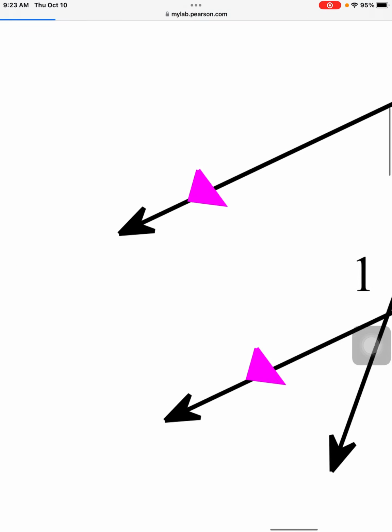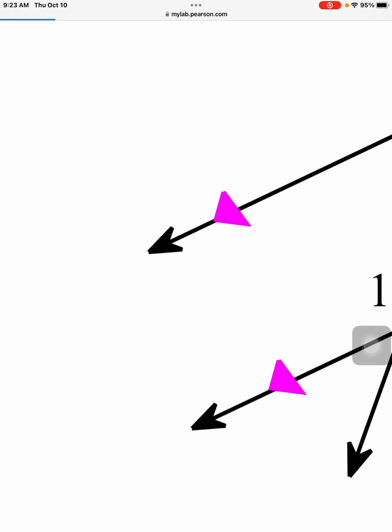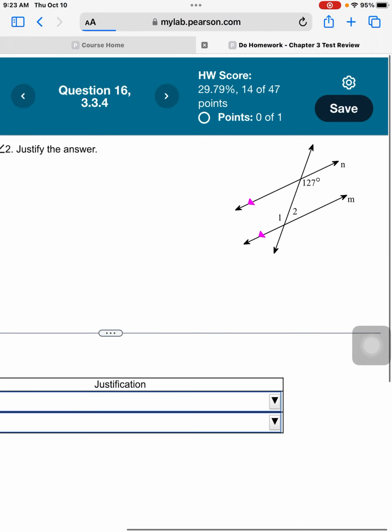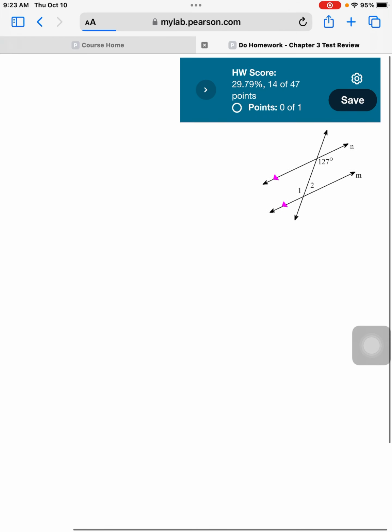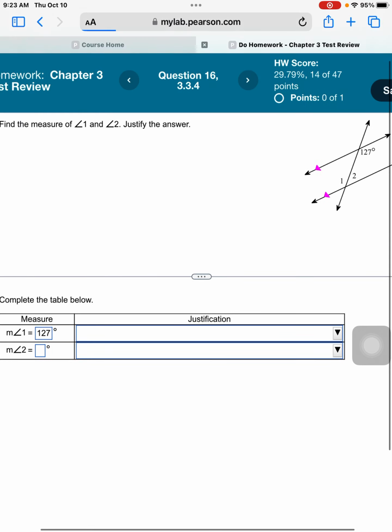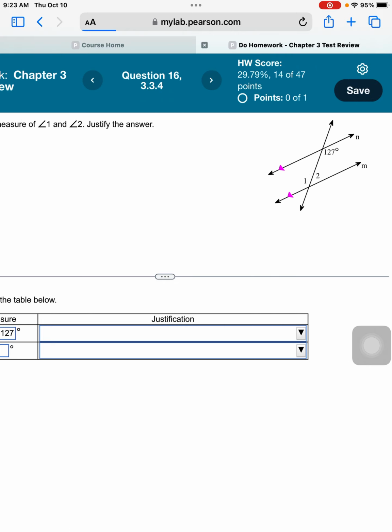You see these two little notations, they signify that the lines are parallel. And now we want to find the given angle. That's a little bit different than what we've been doing. That sounds like the opposite, or the converse, of what we've been doing. So for section 3.2, we had, hey buddy, here are your angles, let me know if these two lines are parallel. Now 3.3, what we're doing right now, is, hey buddy, these two lines are parallel.